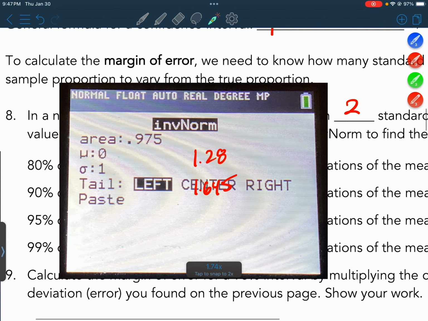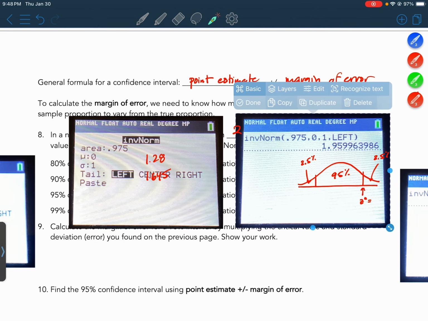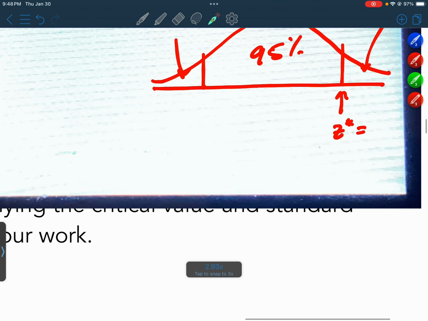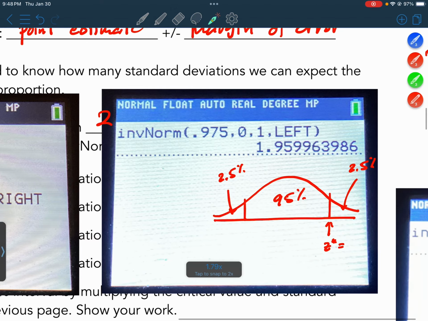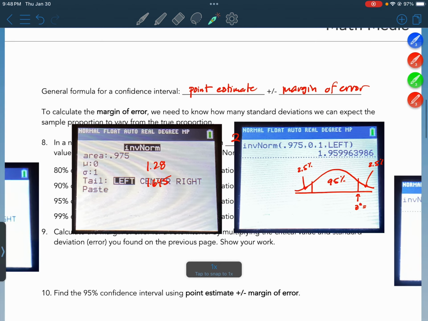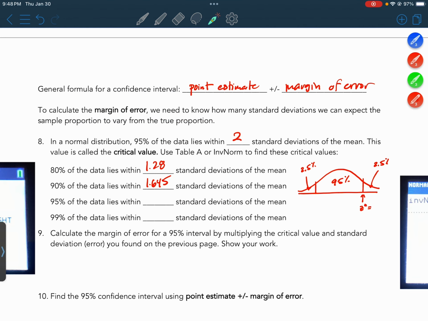Set it up on your calculator: inverse normal, set the area to 0.975, and this is what you should get. It's not quite 2. It's 1.9599, so let's call it 1.96. This is what College Board is going to want you to use, this more precise value. Don't use 2 anymore.